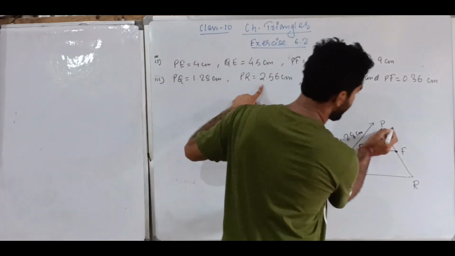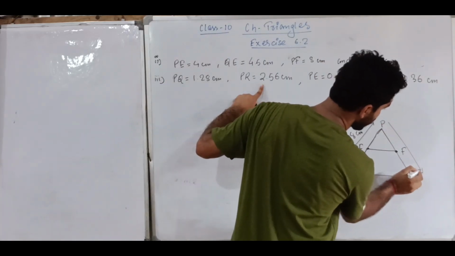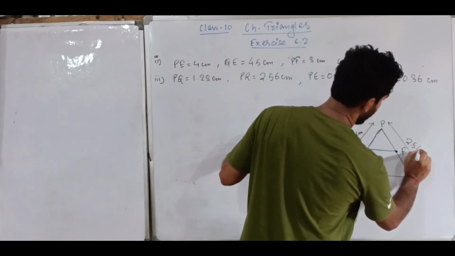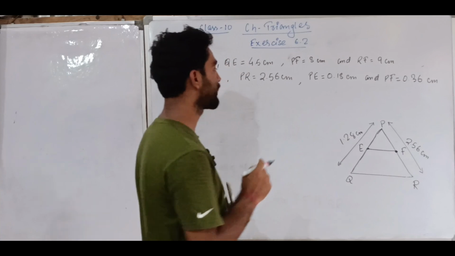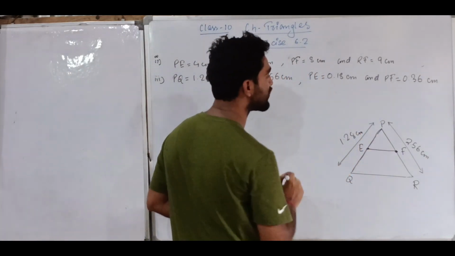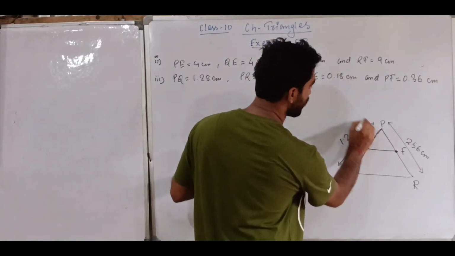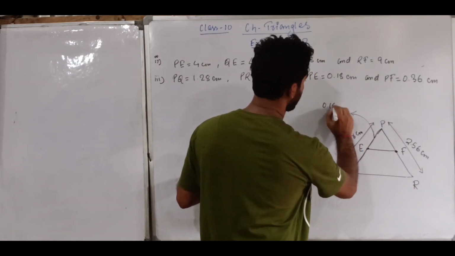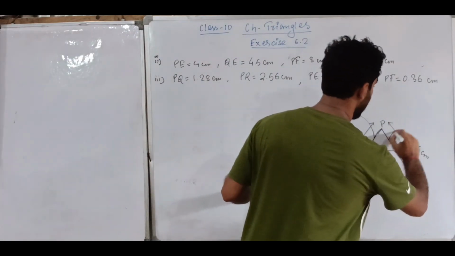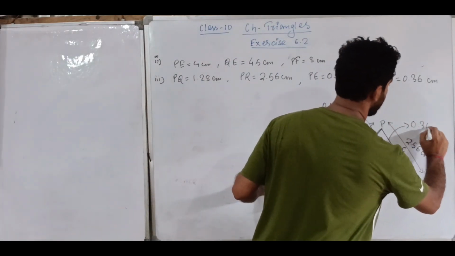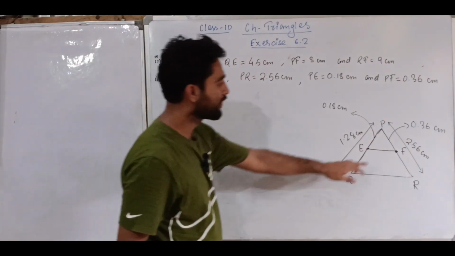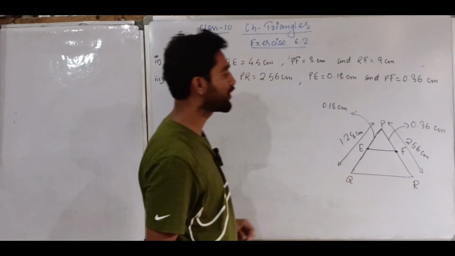PR means from here to here, PR distance given 2.56 centimeters. Then PE is given 0.18 centimeter. And PF given how much? 0.36 centimeter. Now we have to check whether this EF is parallel to QR or not.